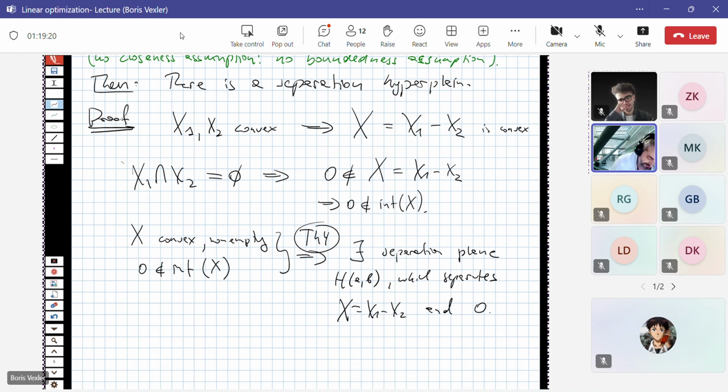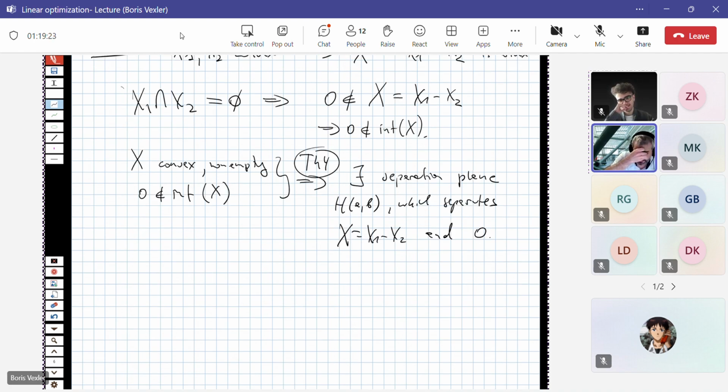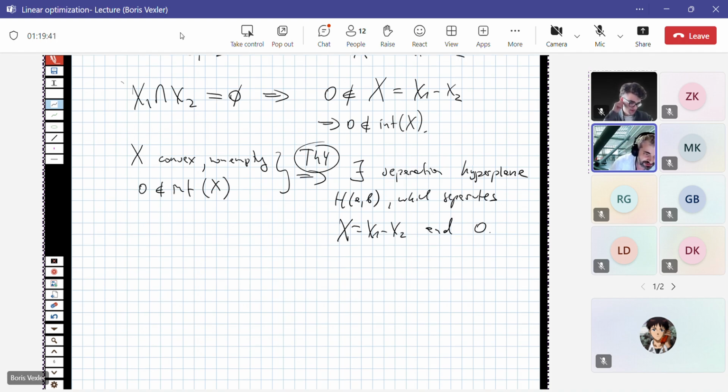How to see this? Okay, what do we have. If this hyperplane separates x1 minus x2 and 0, what does it mean?